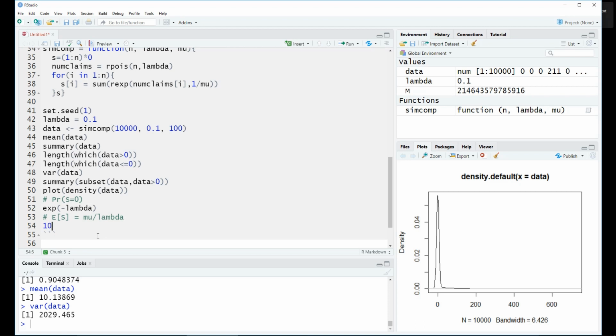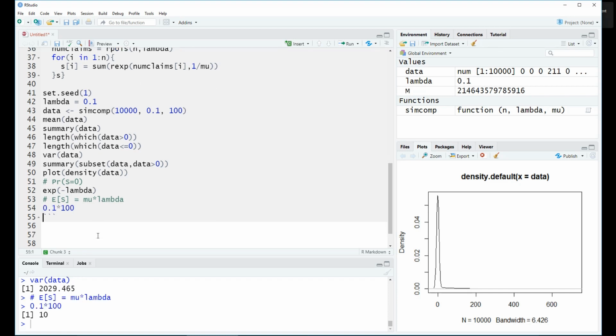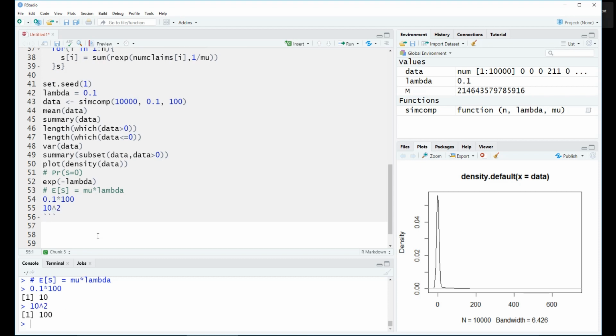So it will be 100 over, why mu times lambda. Okay, 0.1 times 100, so it will be 10, and 10 squared, this will be the variance.